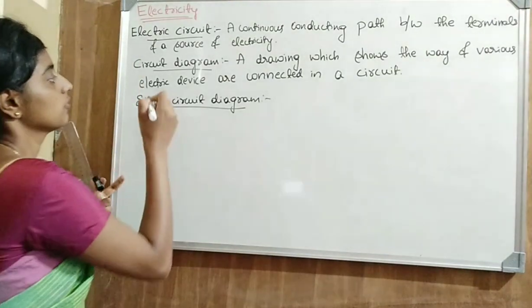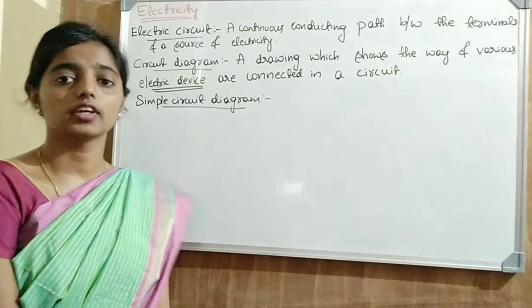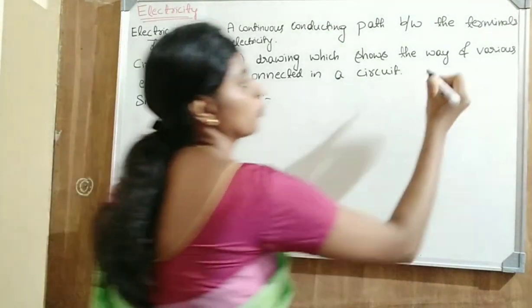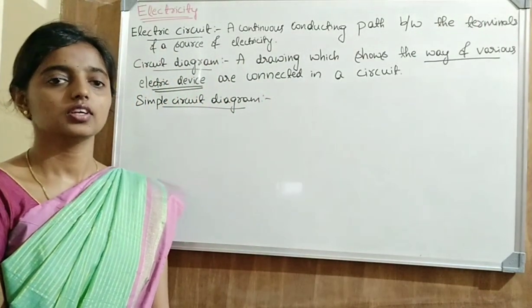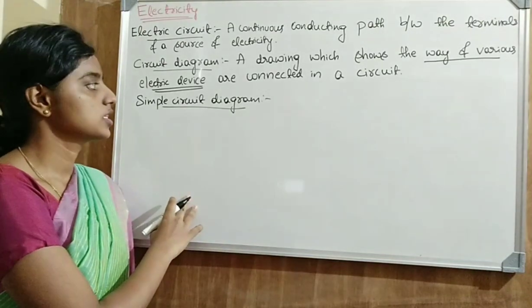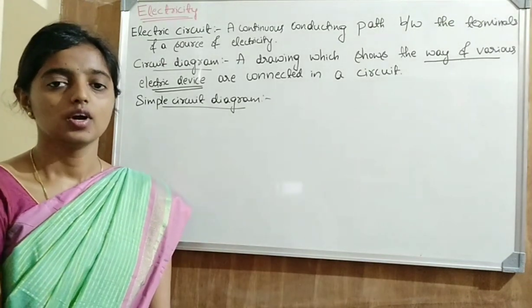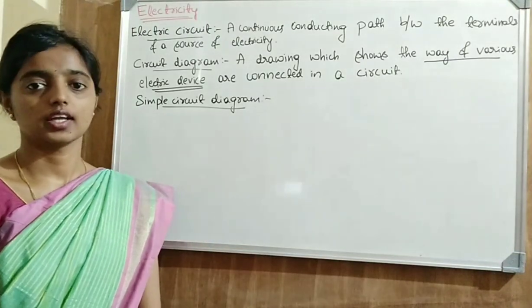We need to know the different electric devices and the way they are connected in an electric circuit diagram. So let us see a simple circuit diagram, how it looks, and how the various devices are connected.